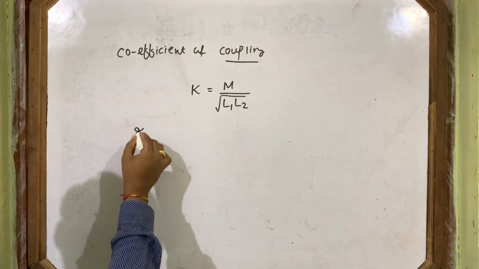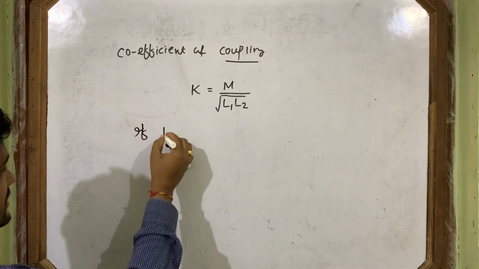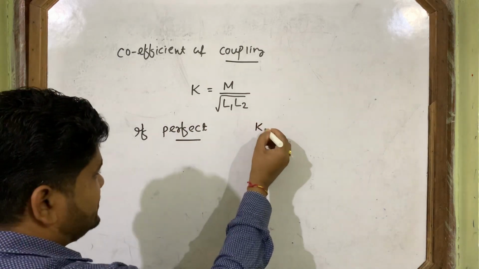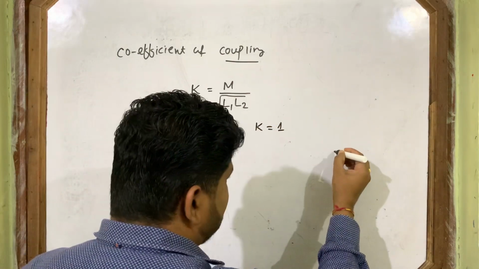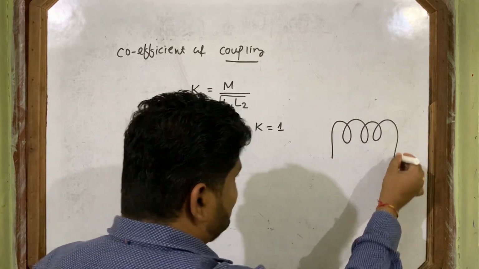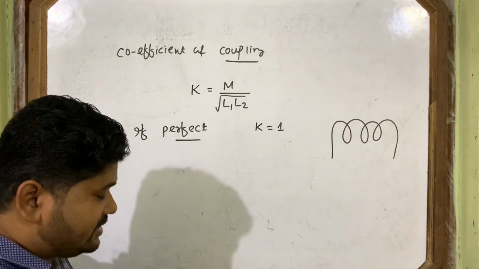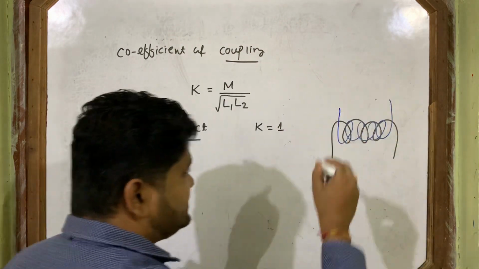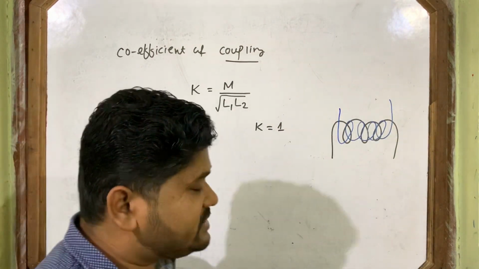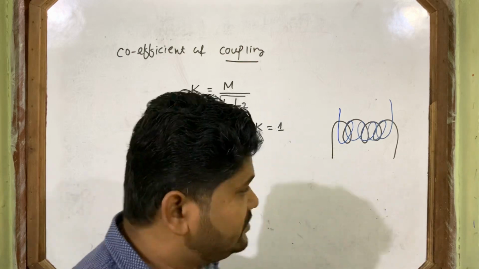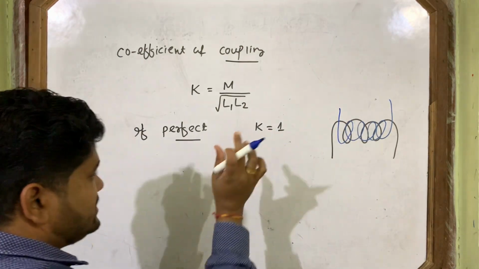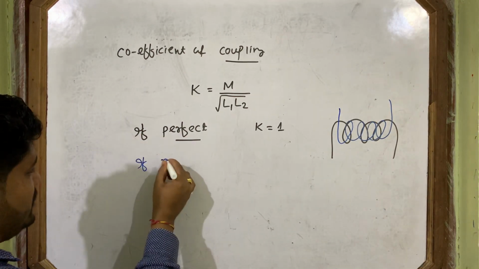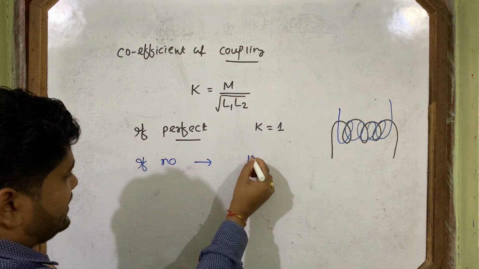If the coupling is perfect, then K is equal to 1. Which case? This case, as I showed in the previous case, when they are wound on the same core. Here the radius of both is the same, K is equal to 1, perfect coupling. But if there is no coupling, then K is equal to 0.